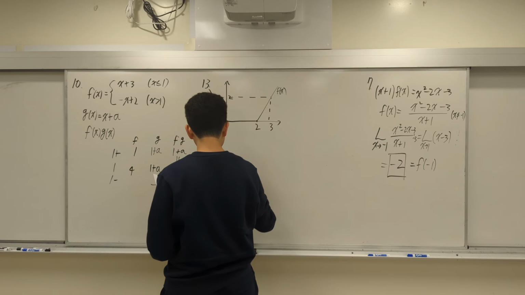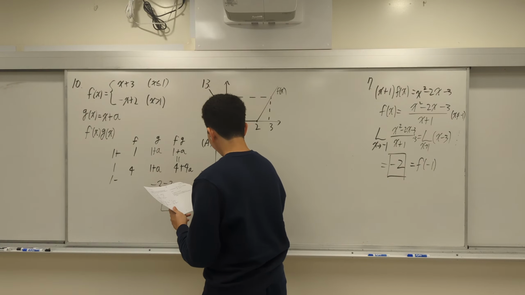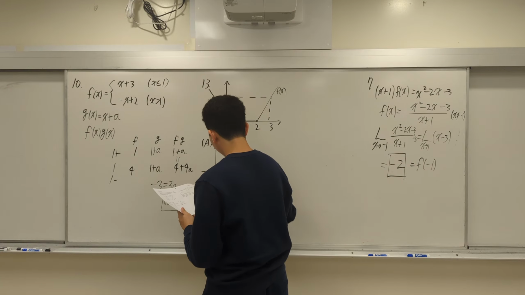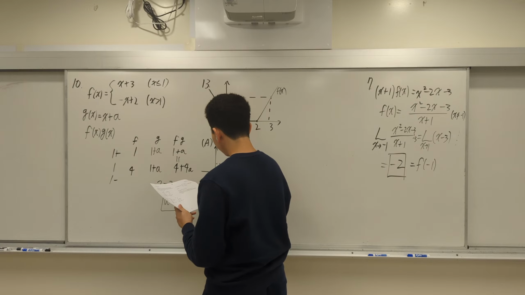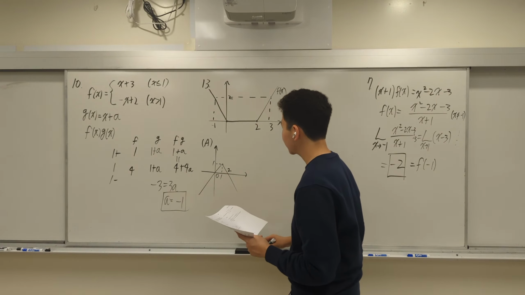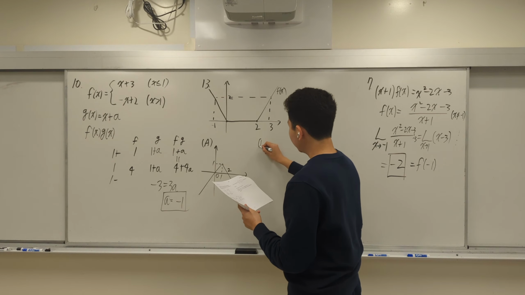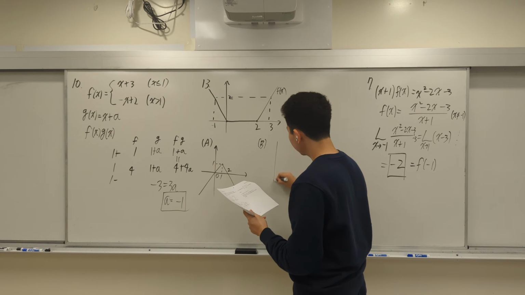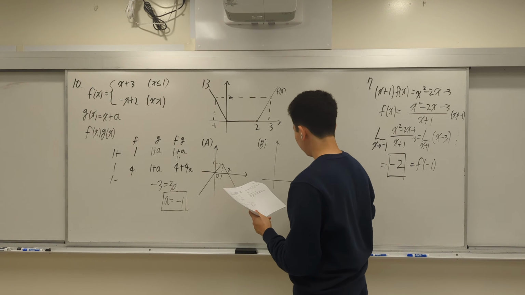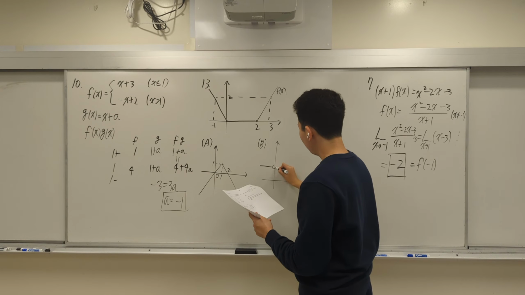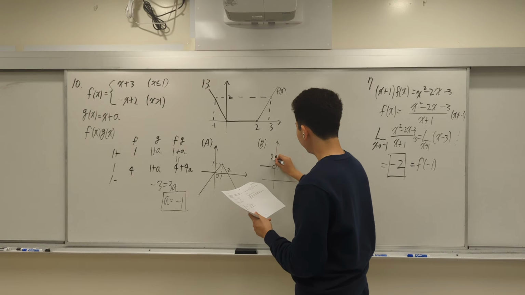So the first candidate is a piecewise linear. So 1, 1, and 2, 0. So that's our first candidate for g. Our second candidate is this function at 1, 2, and 3.